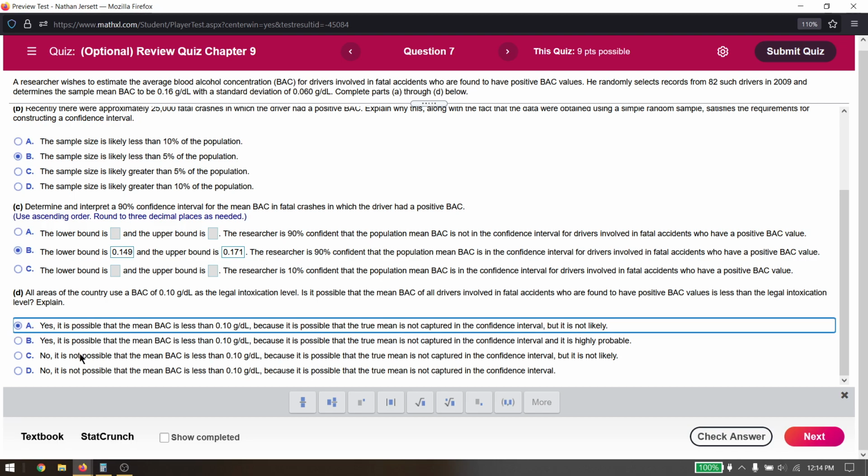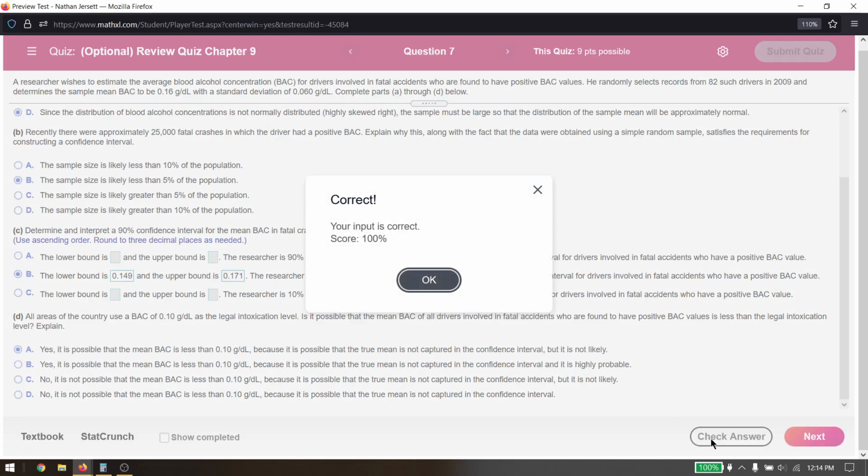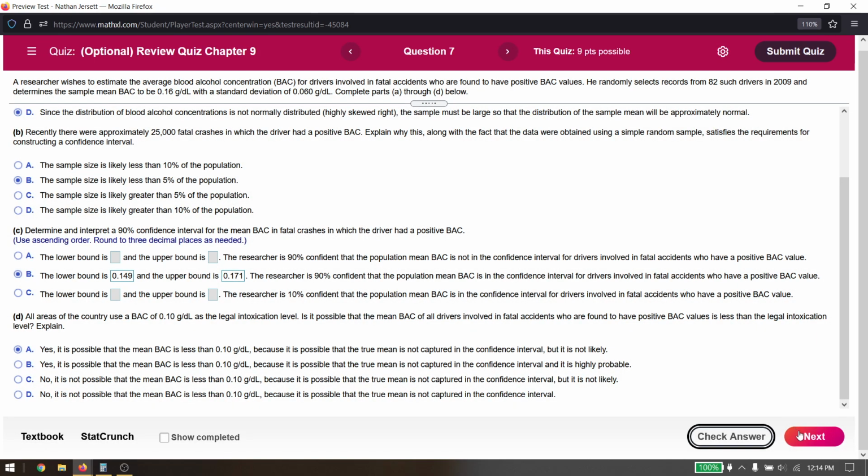This one is incorrect because it says it's possible that the true mean is not captured in the confidence interval, and it's highly probable. That's not correct because our sample mean is so much higher, and the standard deviation is, you know, not very much. It's just 0.06. That's not likely. So that should be what you should select. It's all correct.